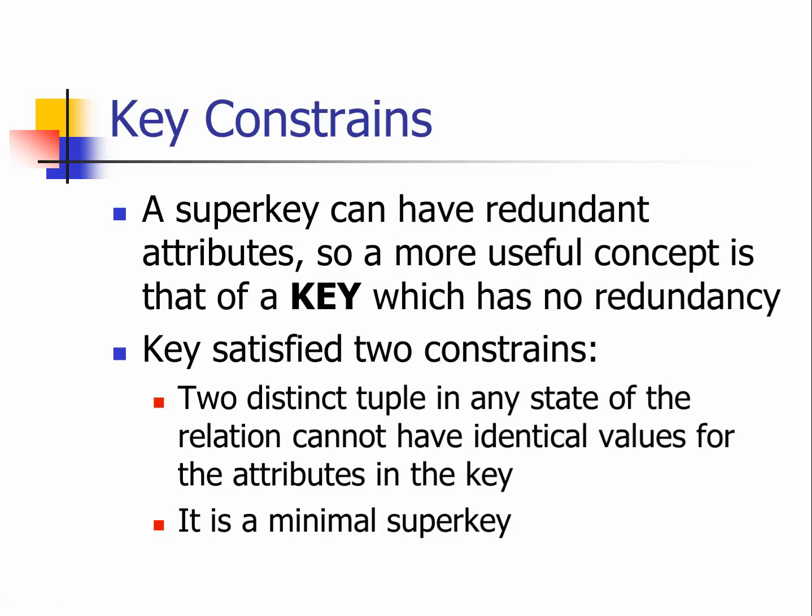Two distinct tuples in any state of the relation cannot have identical values for the attributes in the key. The first criterion is still the idea of the superkey, but the second criterion changes from superkey to key: a key is a minimum superkey.